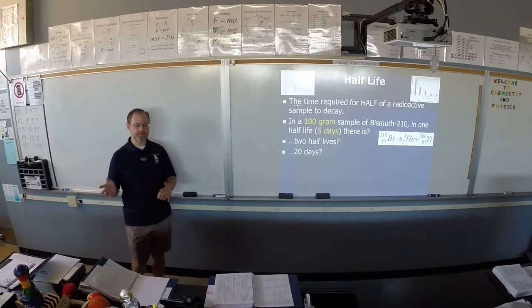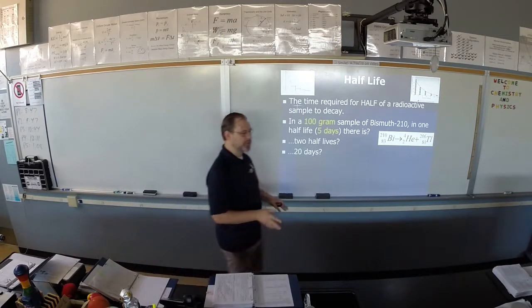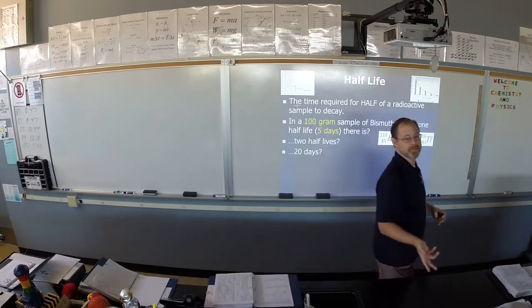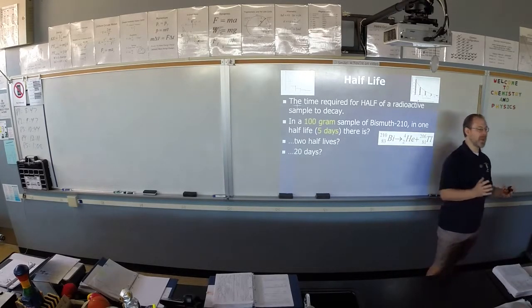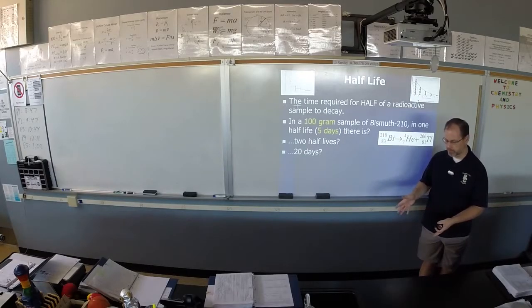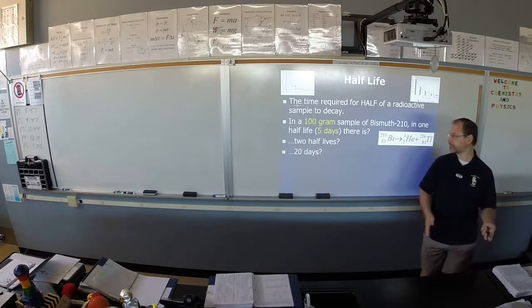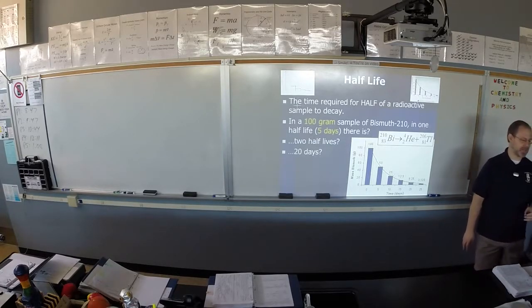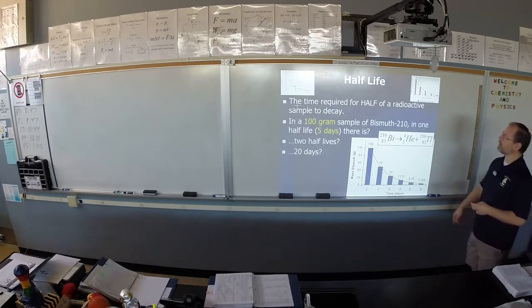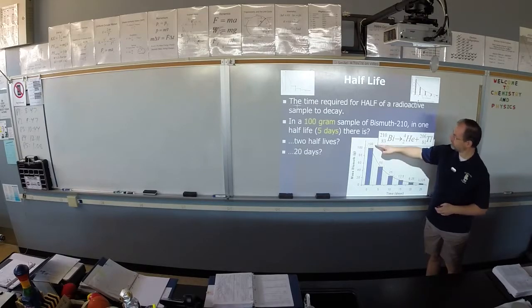There is some crazy exponential stuff you can do later on when you get into more advanced chemistry, but at this level of chemistry, all we really care about is how many half-lives do you have, how much is left over. That simple. And if you use percentages, it's kind of easy. At 0 half-lives, you're going to have 100%.